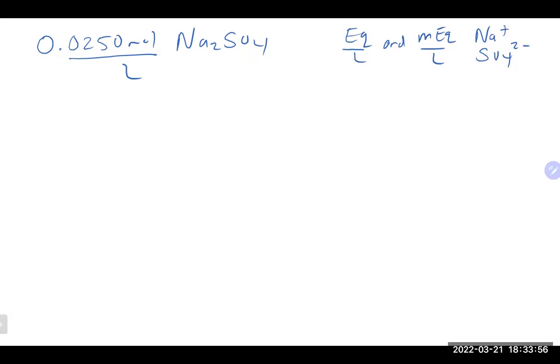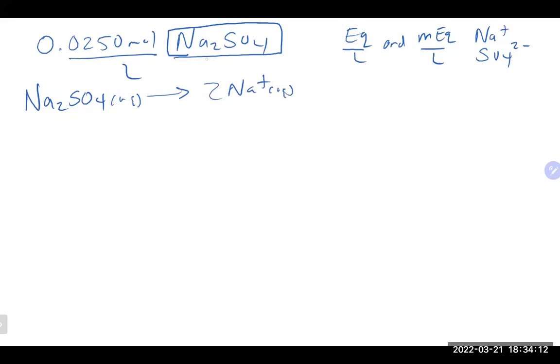So the first thing that we really want to figure out is what this breaks apart into. This would break apart into a couple of sodium ions, right? That's what the little 2 means. There's 2 sodium ions. And it would also break apart into a sulfate ion. So now that we see the ions that it breaks apart into, we could come up with our equivalents and mole conversion for each of these.